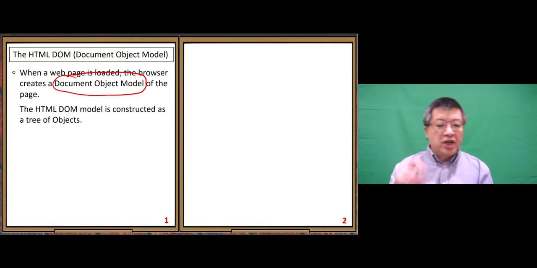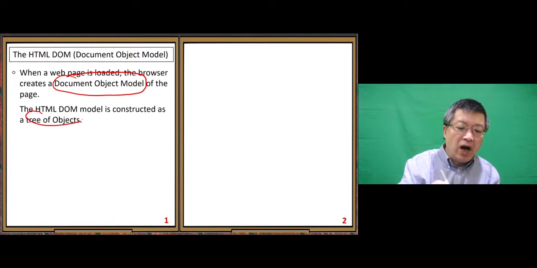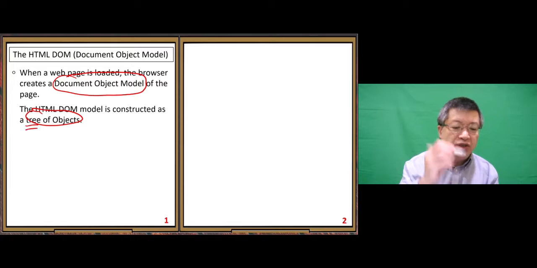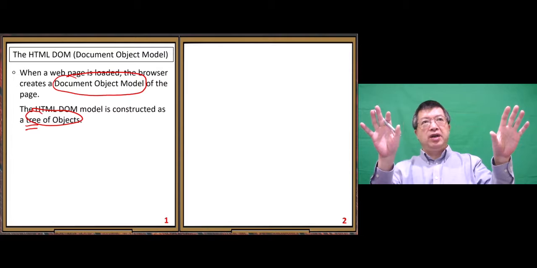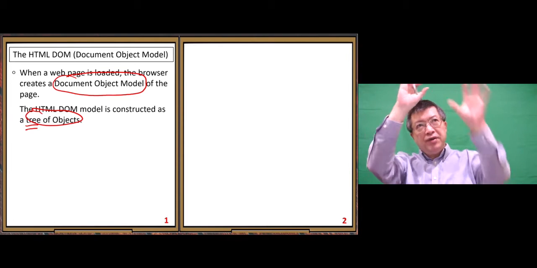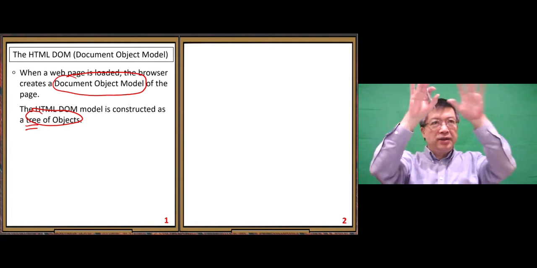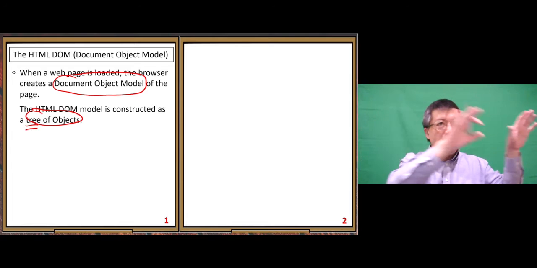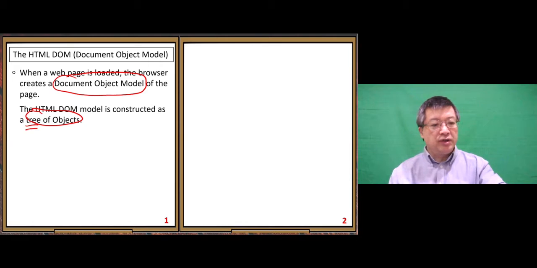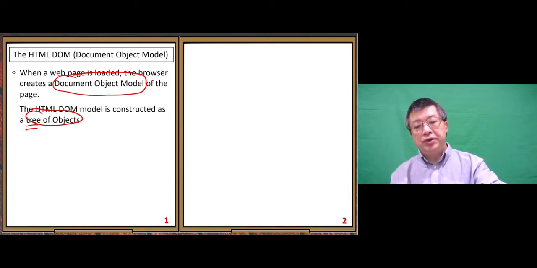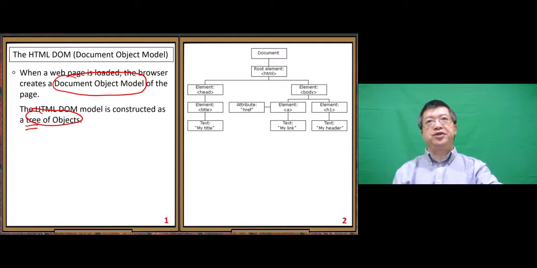This model is constructed as a tree of objects. You can see the structure is a tree of objects. You have a root node, then going down different branches, that kind of structure. Let me show you a diagram like this.